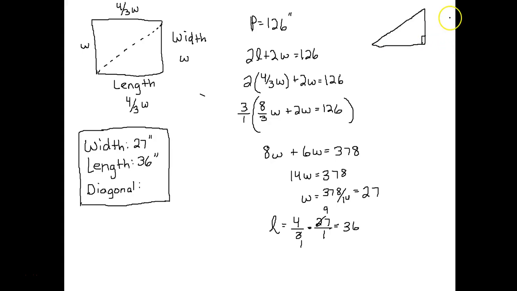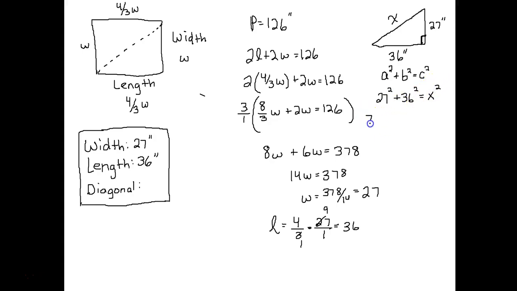We know the width is 27 inches. We know the length is 36 inches. And we're trying to find the diagonal, which I'll call x. Well, this is a right triangle, so I can use the Pythagorean theorem, which I learned earlier in the chapter. a squared plus b squared equals c squared. So I can say 27 squared plus 36 squared equals x squared.